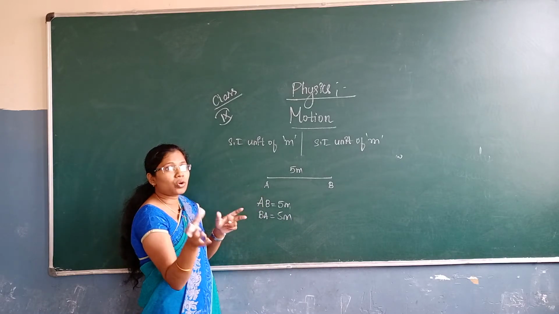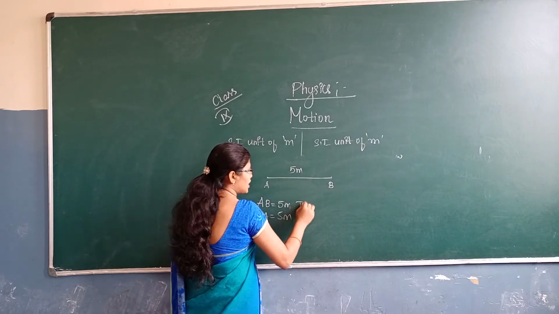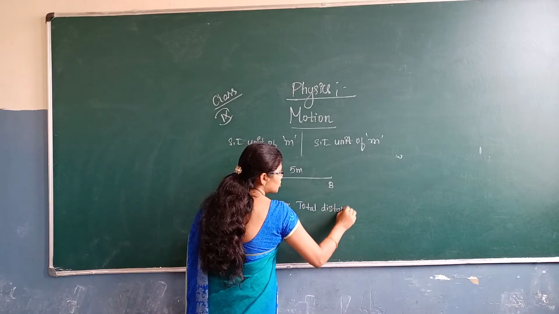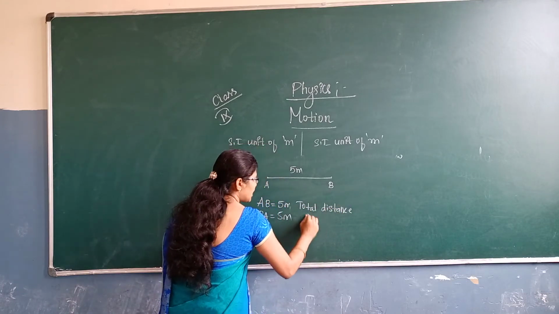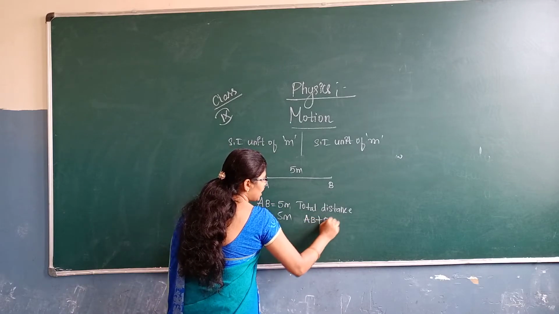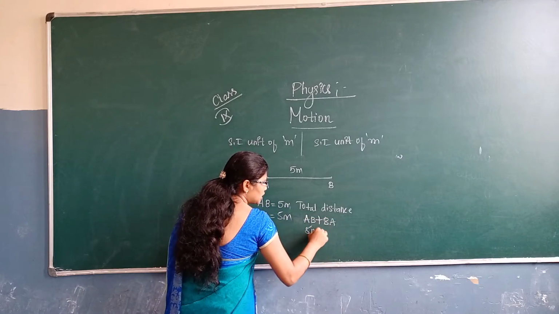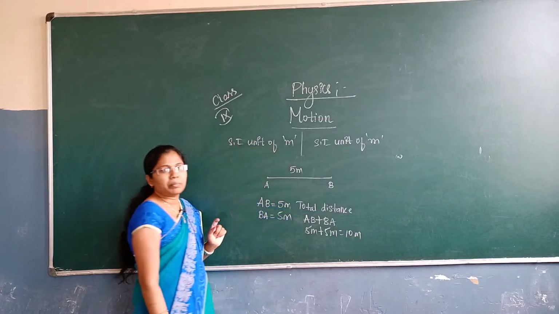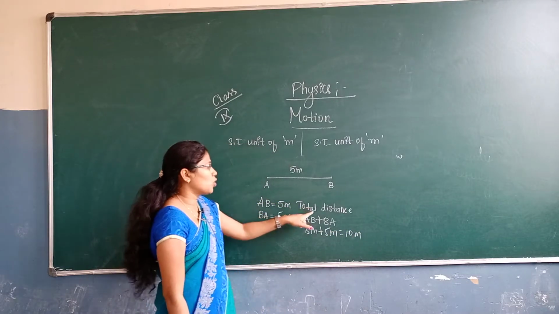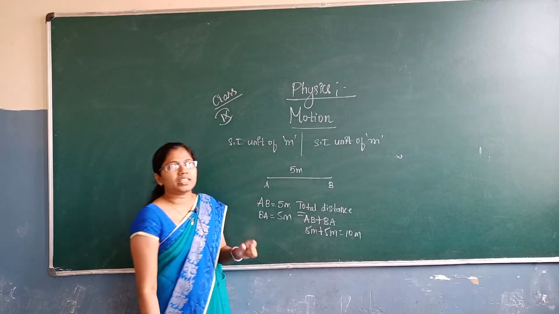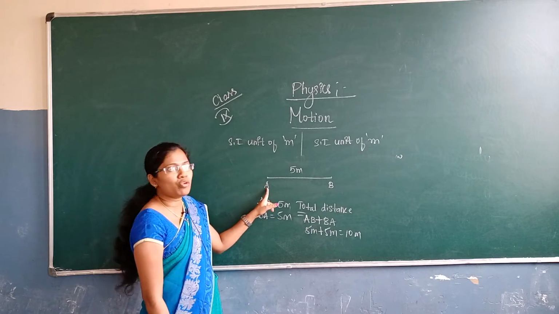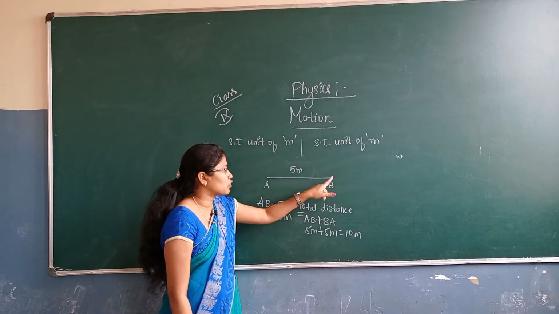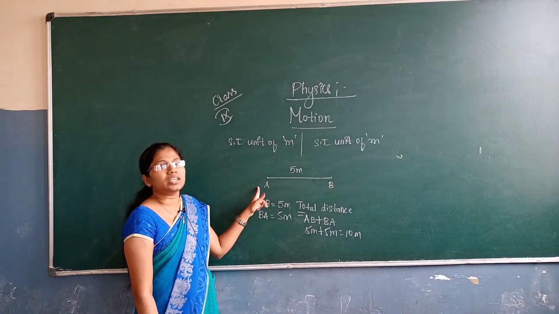What is the total distance in this case? The total distance is AB plus BA, that is 5 meter plus 5 meter, equal to 10 meter. This is the total distance covered by the object when it moved from point A to point B and came back from point B to point A.